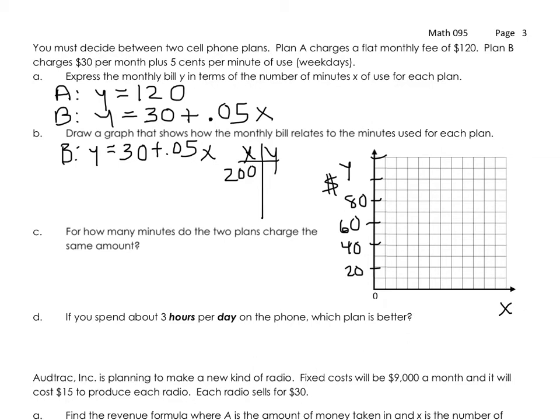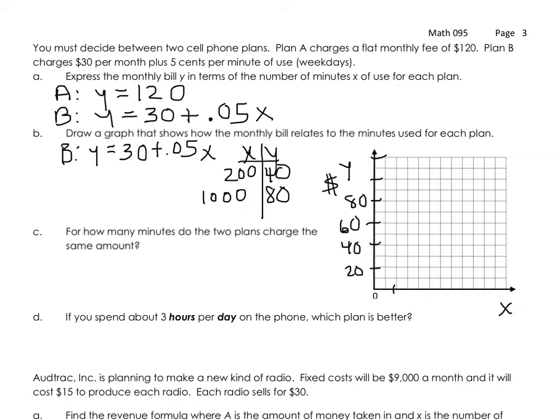That's 10 plus 30. You're going to pay $40. If you talk 1,000 minutes, you will pay 0.05 times 1,000 is 50 plus 30. You'll pay $80.